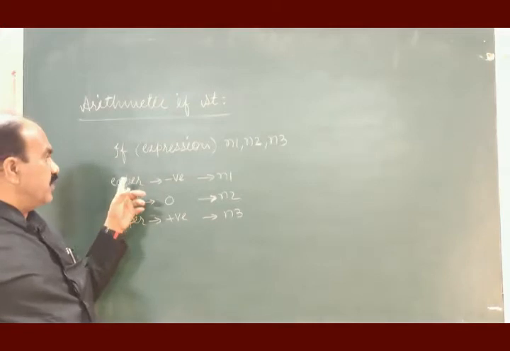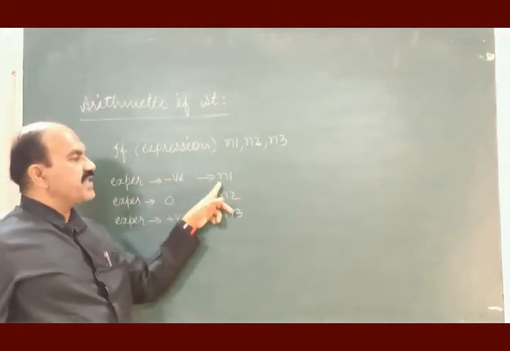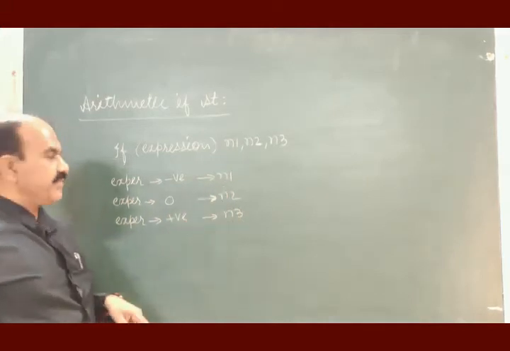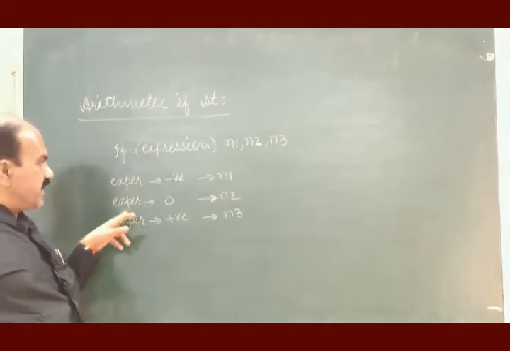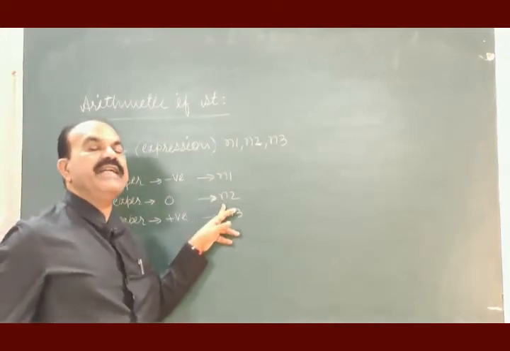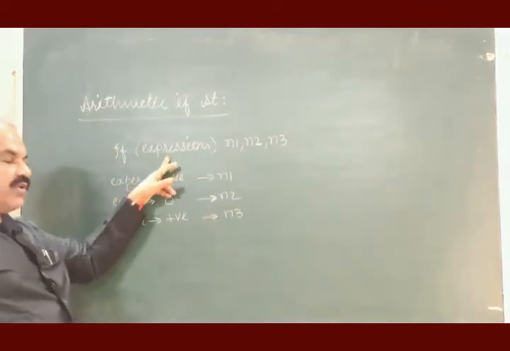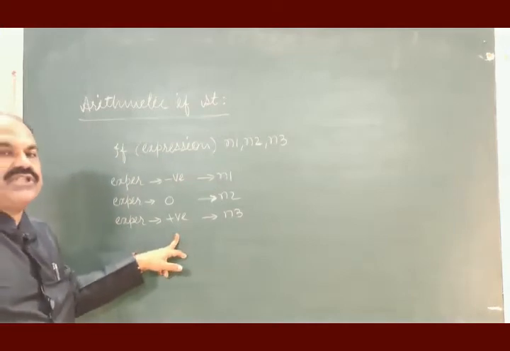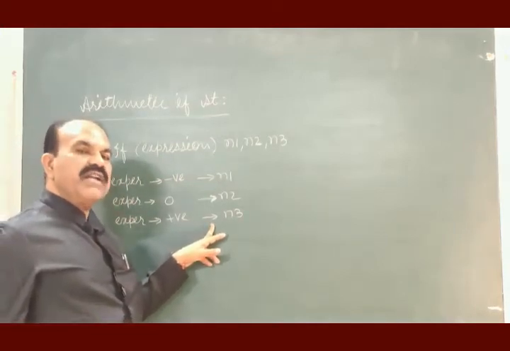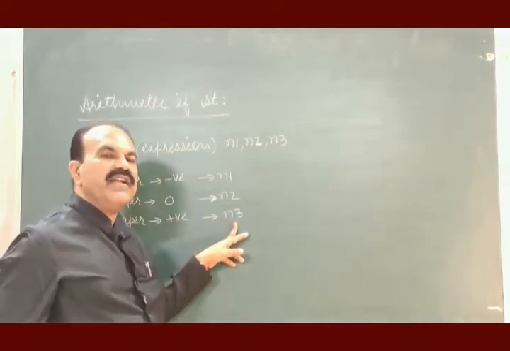If the outcome of this expression is any negative value, the control is transferred to the statement with statement number n1. If the outcome is 0, the control will be transferred to the statement with statement number n2. If the outcome is any positive integer, the control will be transferred to the statement with statement number n3.